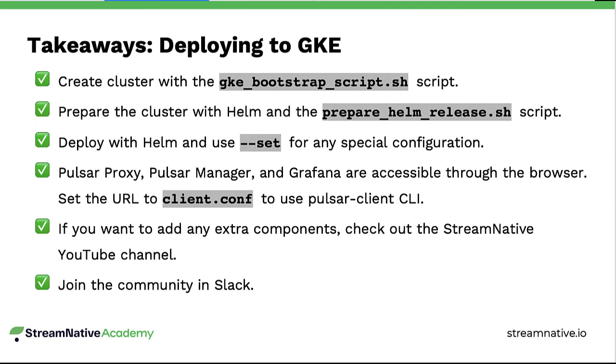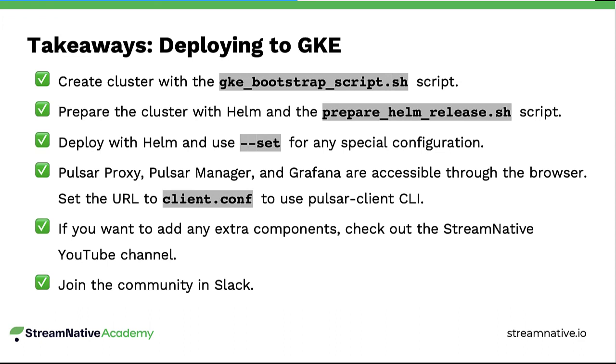We also covered a lot in this section, so better to leave with some checklists for your Pulsar in GKE experience. Remember that we can create the GKE cluster with the GKE bootstrap script from StreamNative charts. Next, prepare it with the Helm prepare release script. From there, we just deploy using Helm and set any special value with the --set.